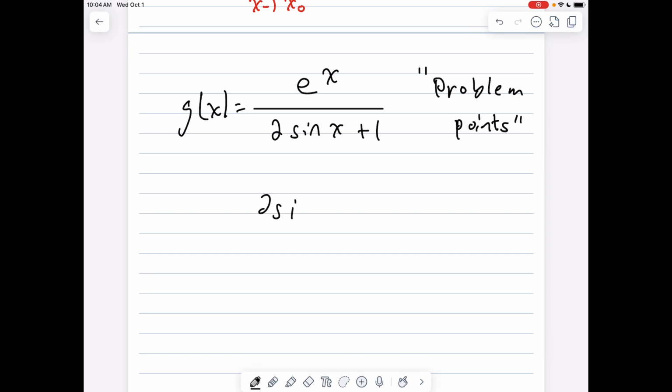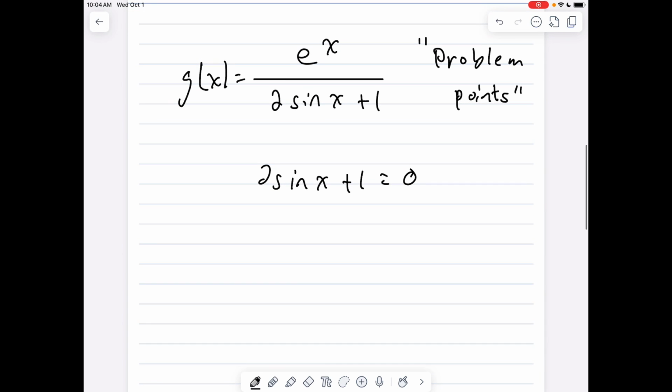That's where I would have my problem, because you have a fraction here, and when does that have a discontinuity? When the denominator equals 0. So I'm going to look for the denominator equal to 0, and you would get sine of x equals minus a half. And if you were to solve that on the unit circle, that's 7 pi over 6 and 11 pi over 6 for points between 0 and 2 pi.